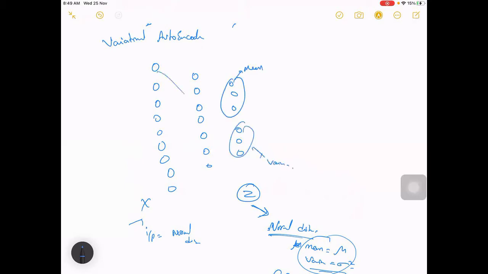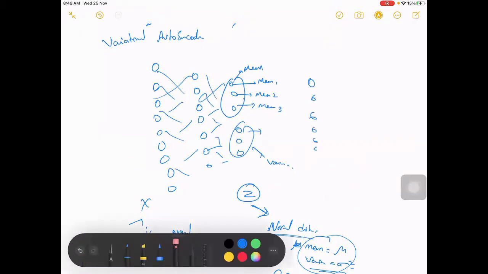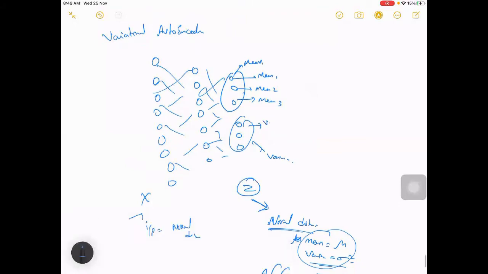So it tries to get a mean 1, mean 2, mean 3. Actually there is this reconstruction again, I'm just not drawing it, I will draw it, no problem. And variance 1, variance 2, and variance 3. Okay, it tries to get this information.